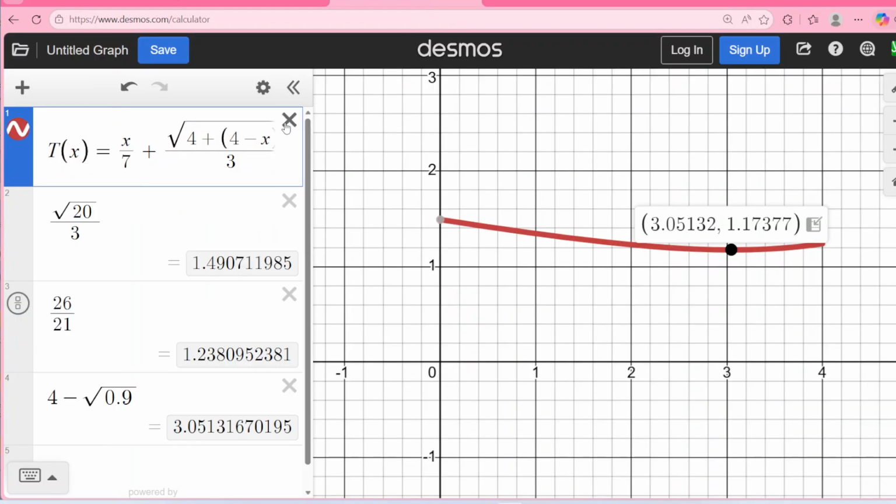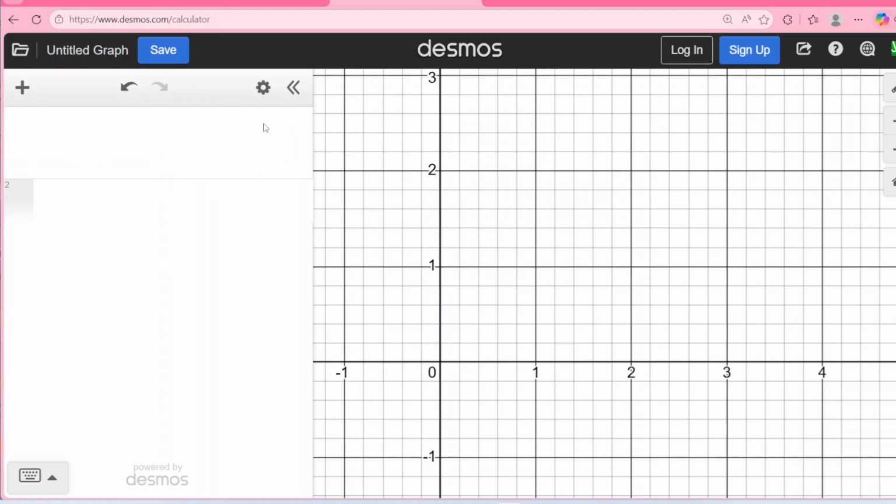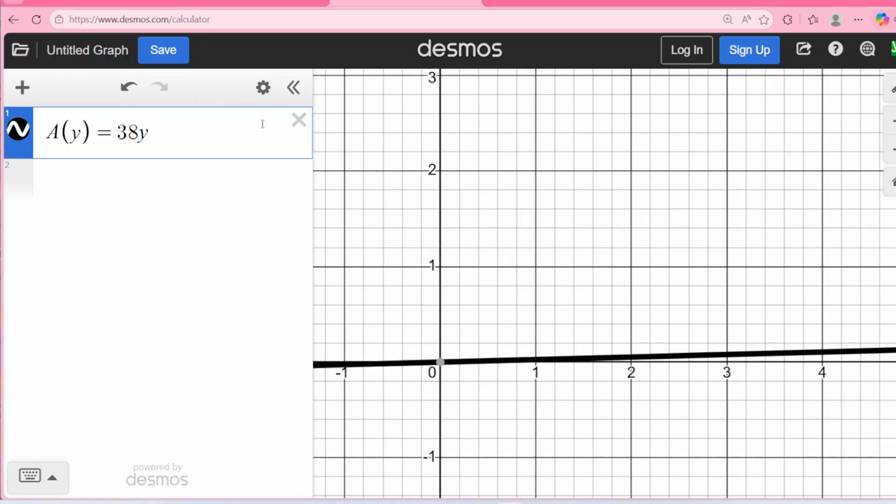All right, so here is our area function. Maybe I could do a of y equals, and we had, well, again, I'll just put out the multiplied version, 38y. Yeah, so we're good with y here as the input. Oh, no, we're not, because that didn't look good.